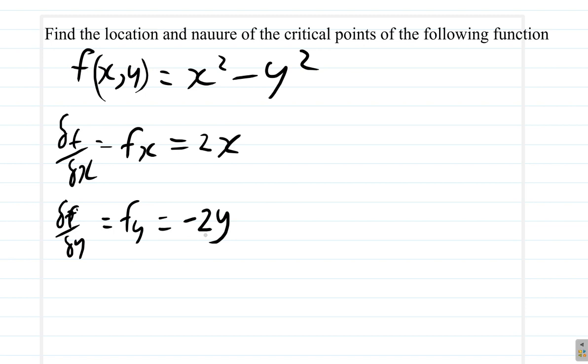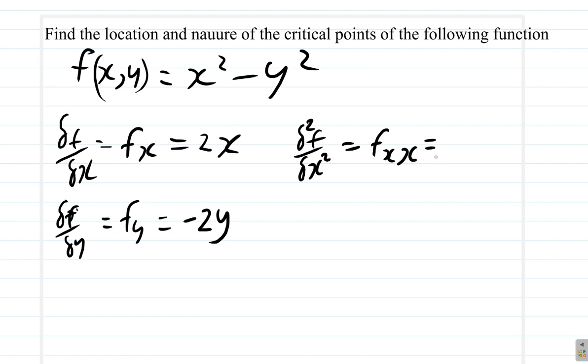Now, let's differentiate and find del square f, differentiated with respect to, well, del f by del x. We differentiate that with respect to x again, so we call it del x squared. It is what is referred to as fxx.